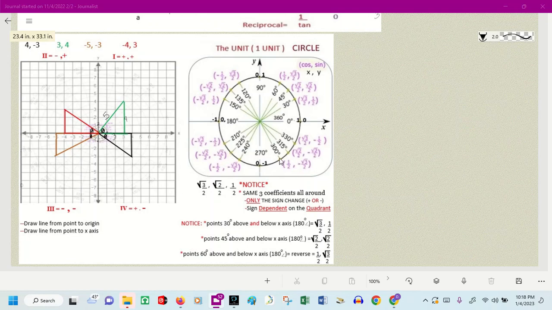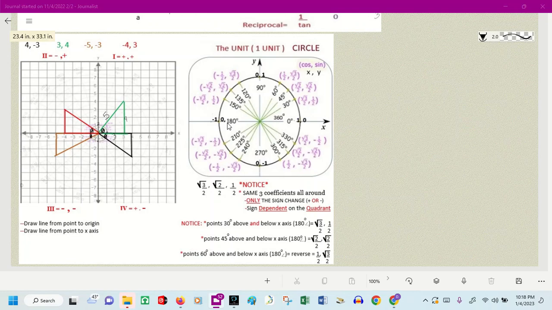That would be 60 degrees. Your reference angle from 300 is 60 degrees. If you're given an angle of 60 degrees, what is your reference angle? The reference angle for 60 degrees is also 60 degrees because you're 60 degrees from the x-axis.